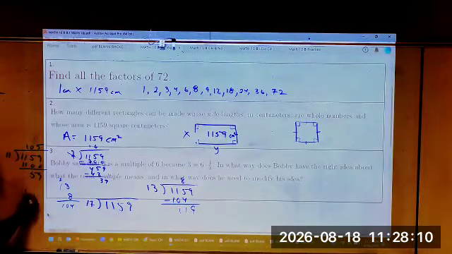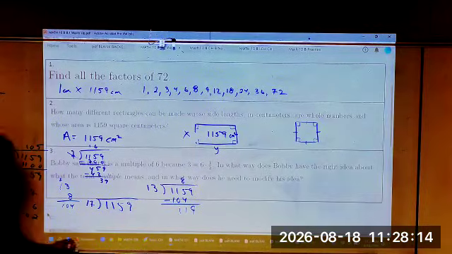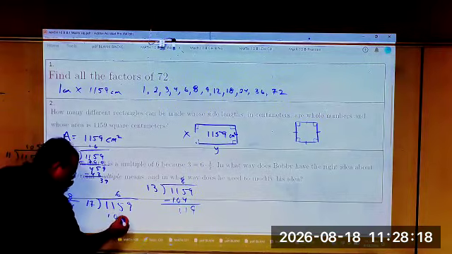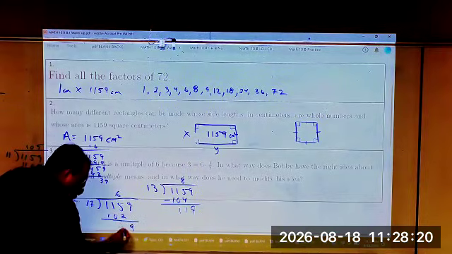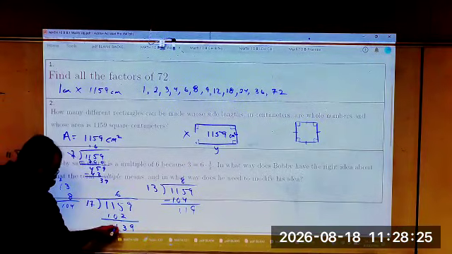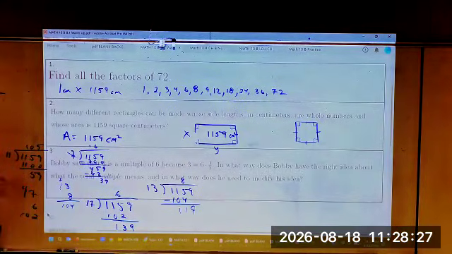Yeah, 17 times 6, we get 2 with a 4, 102. Then we bring down the 9, we get 139. So 102 plus another 17 is 119.